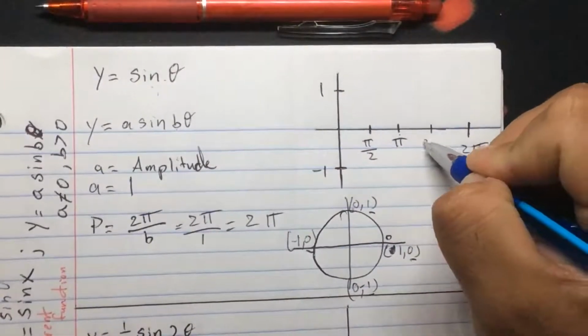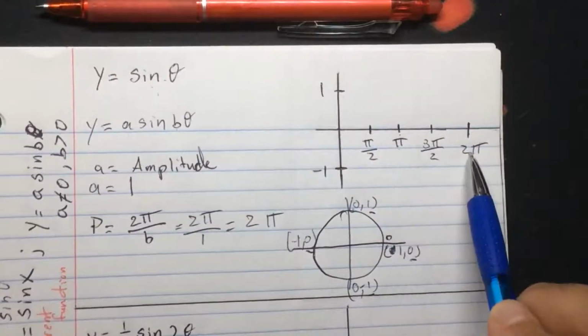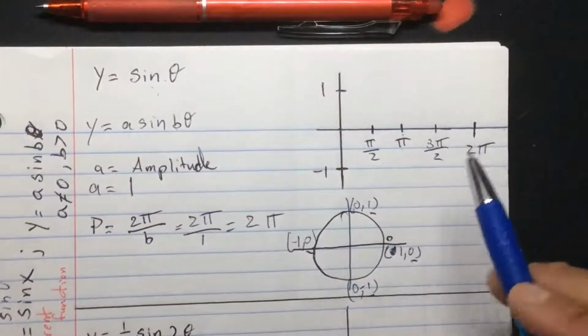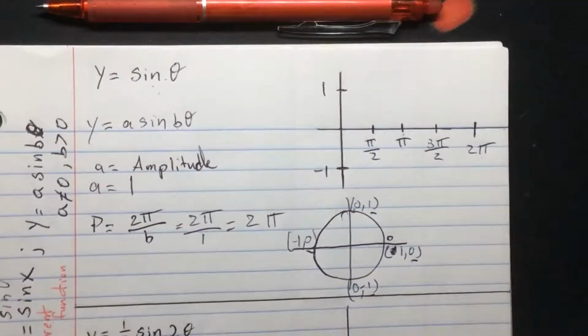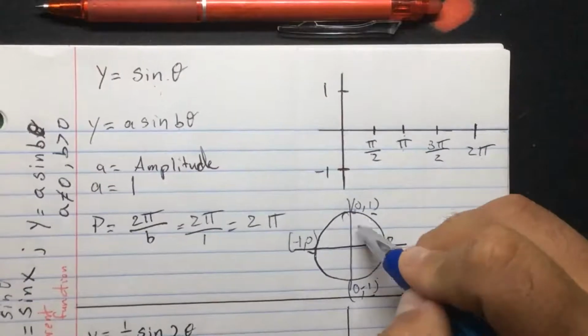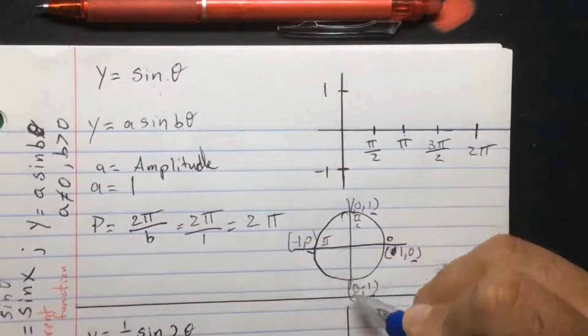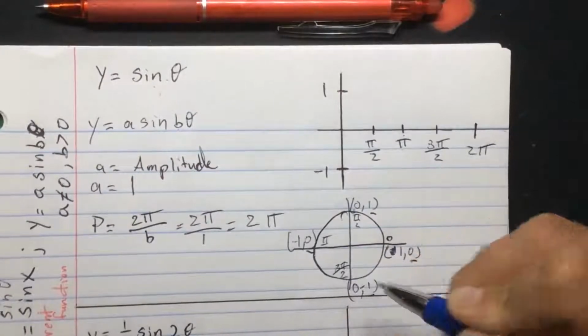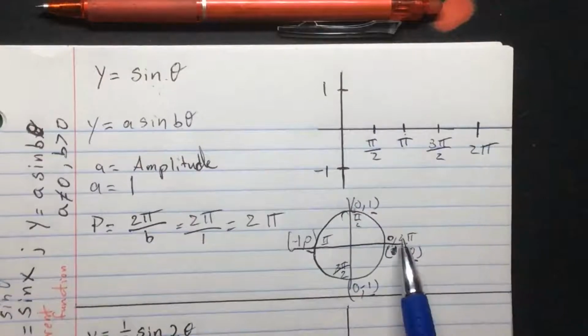And this one right here would be our 3 pi over 2, because you add pi and 2 pi and divide by 2, the midpoint formula, to get 3 pi divided by 2. Coincidentally, this is the same thing as here. 2 pi, or pi over 2, then pi, then 3 pi over 2, and then we go to 2 pi. So we're in the same kind of cycle here.